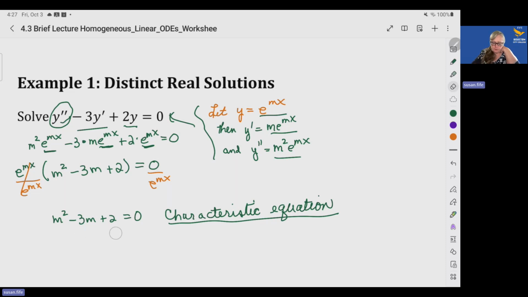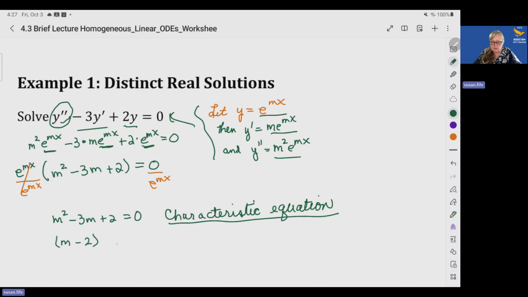So after this one, we're going to go straight from the equation to our characteristic equation after we make this substitution. We're going to say let y equal e to the mx, and then we're going to say our characteristic equation is, and here we could solve by factoring.